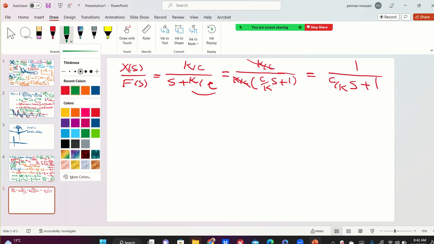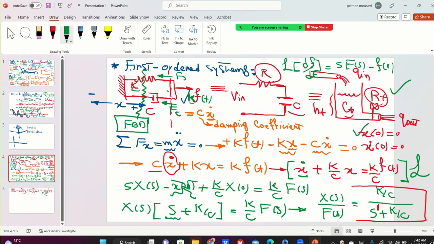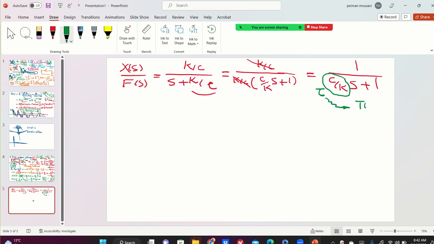Technically, we're going to name this c over k as tau. The technical name of this, for all first order systems with different notations, is time constant. I'm going to explain why in mathematics, in graph, in MATLAB and Simulink. Time constant of this system, that's its technical name.